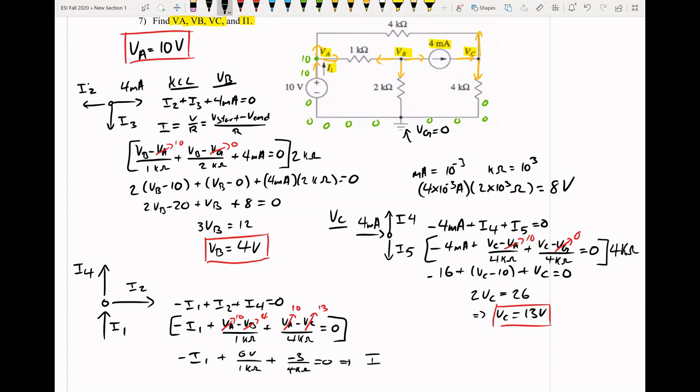So therefore, I of 1 is equal to 6 volts over 1 kiloohm plus negative 3 volts over 4 kiloohms. And let's do some quick math, find out what that is. 5.25 milliamps for I1. All right, so just nodal analysis over and over and over again.